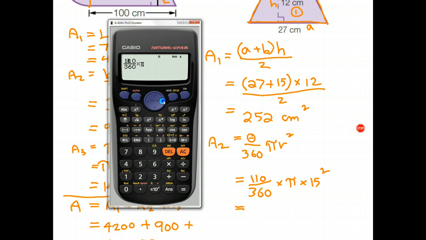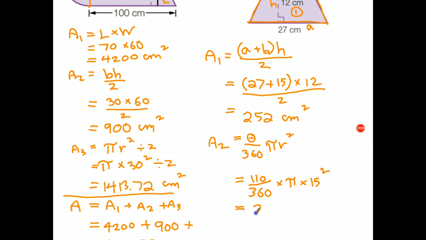Don't know what I've done, but anyhow. Okay, 110 on 360 times pi times 15 squared. Okay, just checking it. All that looks pretty good. Press the equal sign. And let's keep a couple of decimal places. 215.98 is the area that I have so far for that part of the shape.